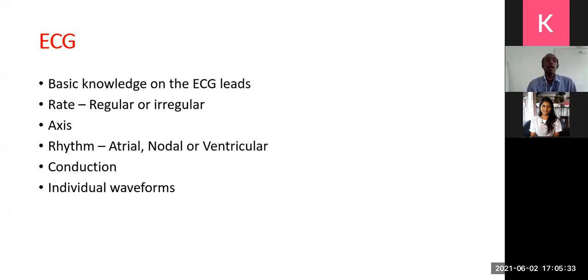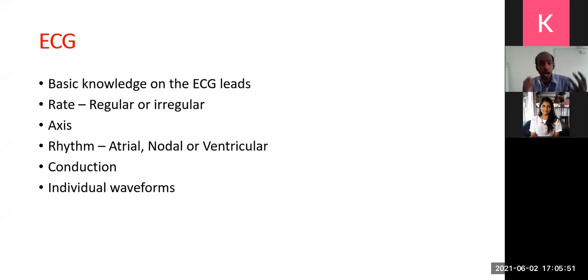The next thing to do is look at the ECG in general to decide, is this rate regular or irregular? That's also quite important. Number two is to look at the axis.